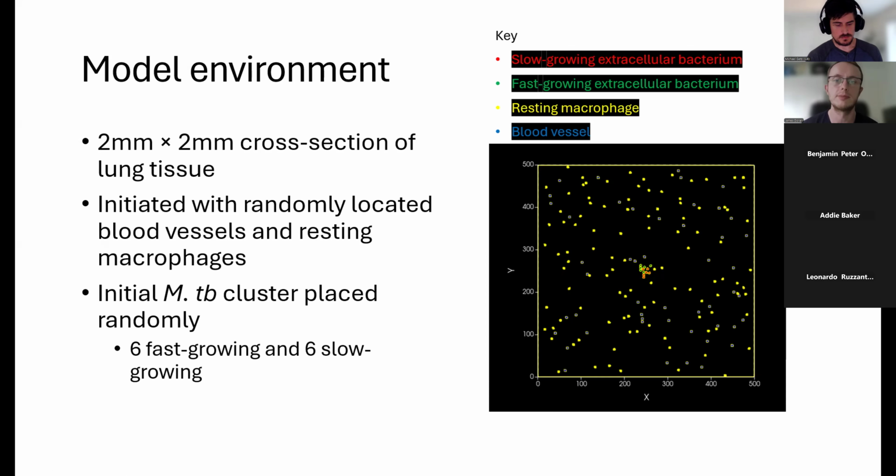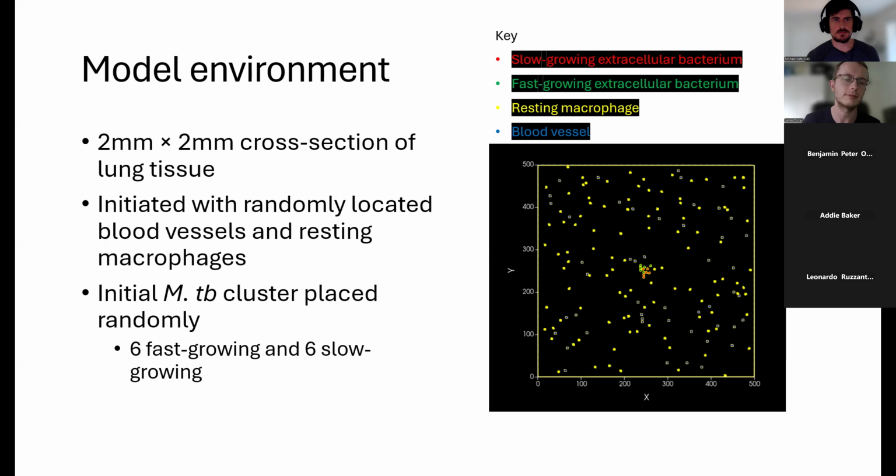I should point out at this point that we've used 2 phenotypes of MTB bacteria. This is based on the idea that it's been found that when MTB is in an inhospitable environment, for instance, a lack of oxygen, it will enter into a dormant state, reducing its metabolism and replication rate, which seems to give it a greater chance of survival when the environment is not favorable.